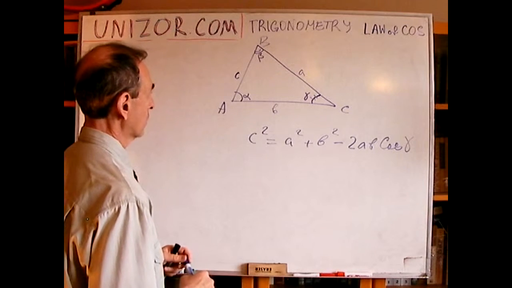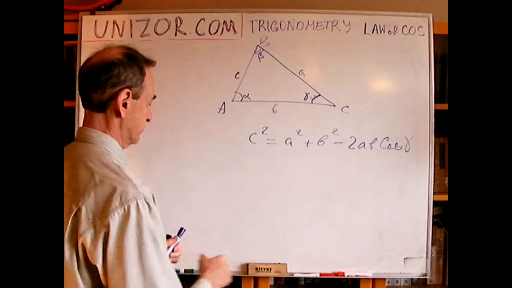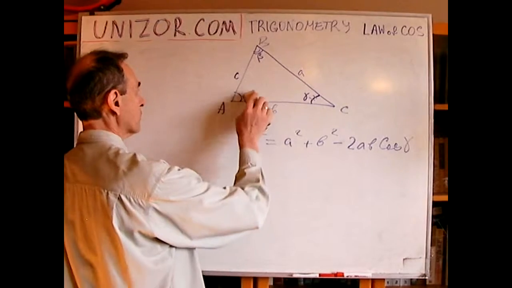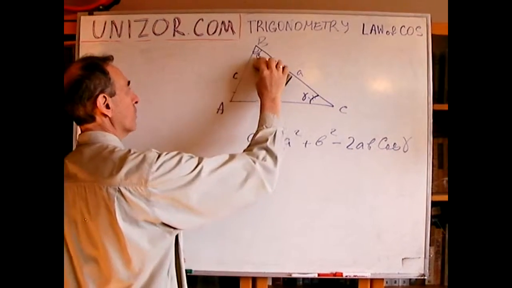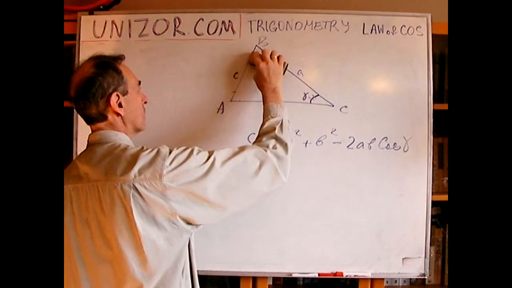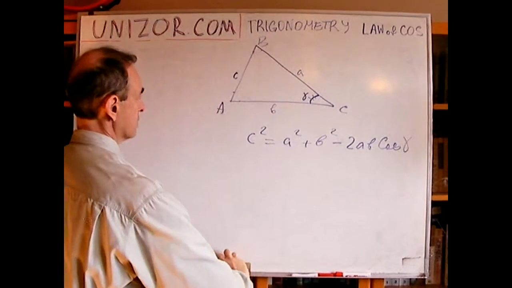Okay, so how can we prove this theorem? Well, let's wipe out what we don't really need. We don't need this angle alpha, and we don't need this angle beta. We will just have these.